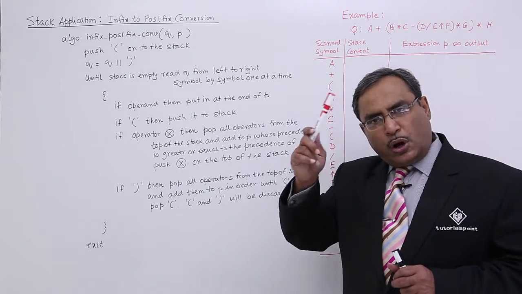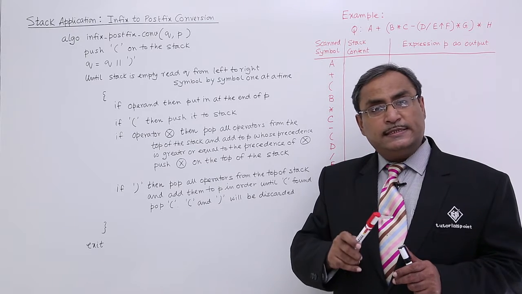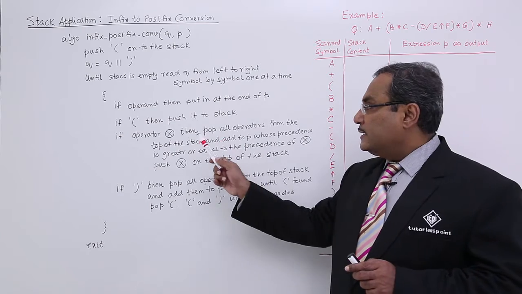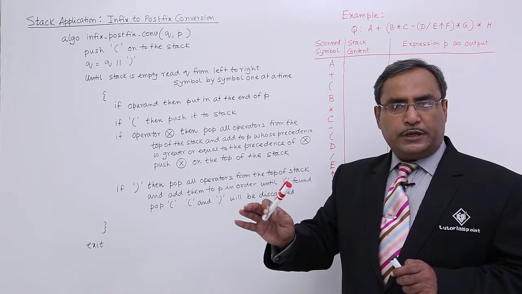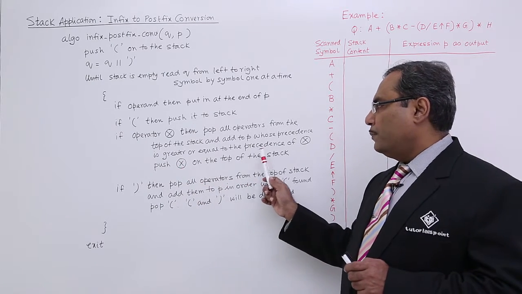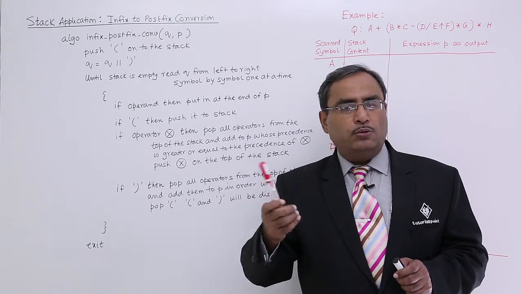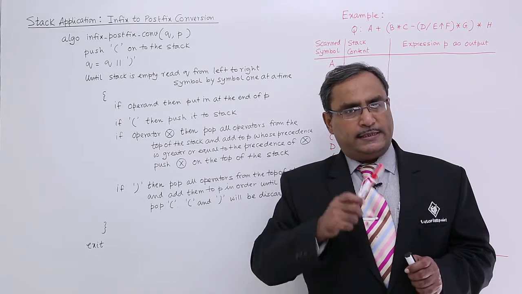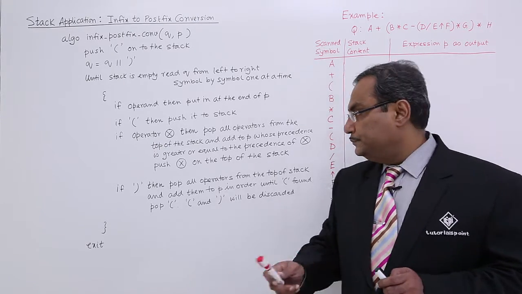After that, push the currently scanned operator on the top of the stack, after popping out those operators from the top of the stack whose precedence is greater than or equal to the currently scanned operator.